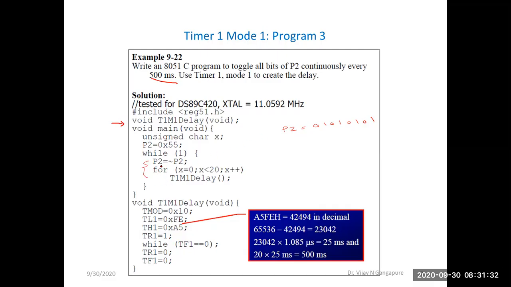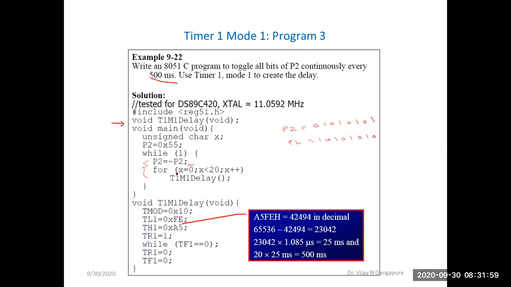So what will happen the first time: P2 is equal to tilde P2, the inversion operator, means we are complementing port 2 data. Previously it is 0 1 0 1 0 1 0 1. Due to this instruction, the data on port 2 pins will become 1 0 1 0 1 0 1 0, because the tilde is a bitwise inversion operator.